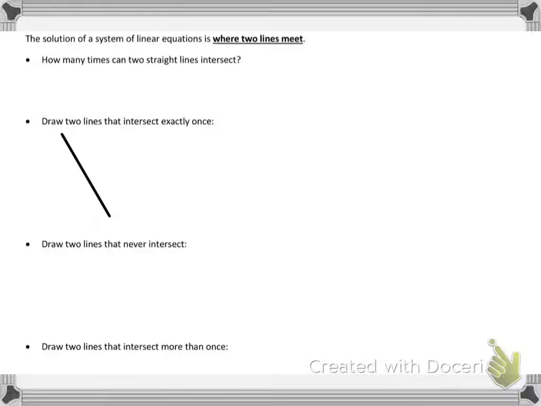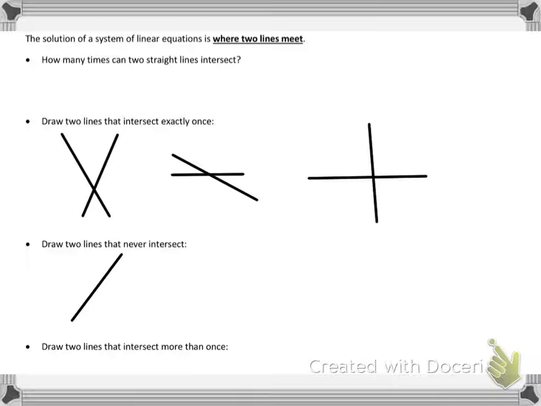Two lines that intersect exactly once might look something like this, or maybe something like this, or something like this. That's pretty simple. Two lines that never intersect is also usually pretty straightforward. You might recall that we call these parallel lines. What about two lines that intersect more than once? Most people get stuck here.